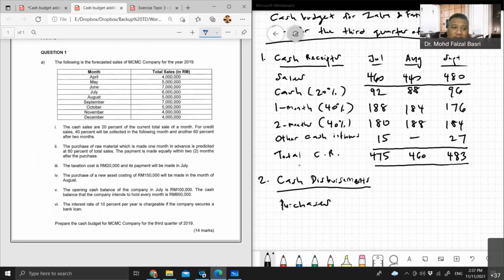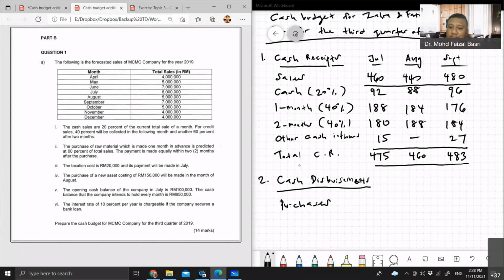For example, in this second statement, the purchase of raw material is made 1 month in advance, at 60% of the sales value. If you need to study how to answer this, I will share with you the video for the other group. Just to give some perspective, if we do purchases for July, the purchase happens 1 month in advance, meaning 1 month earlier than the sales.